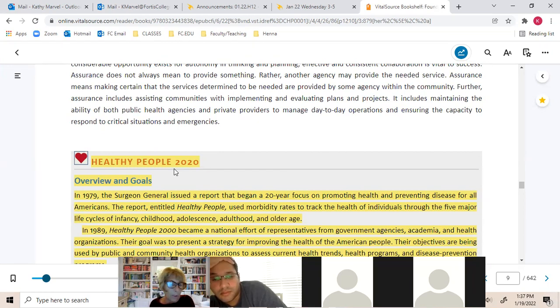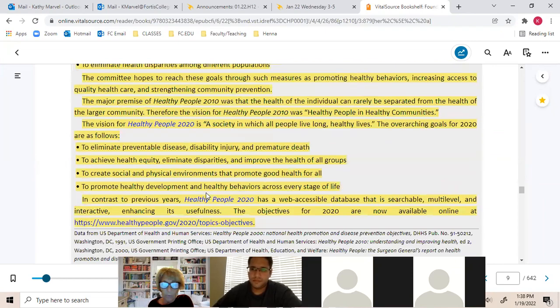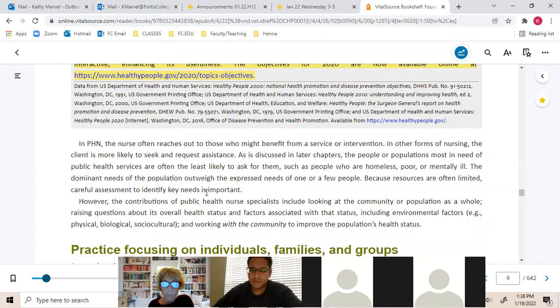In this chapter, it's just the overall overview of what Healthy People 2020 is. In another chapter, it's their goals and objectives with regards to disaster management. Another chapter, school nursing, vulnerable populations, environmental risks. These are all topics or chapters we're going to go through. So Healthy People 2020 has goals and objectives for each chapter. You need to be aware of those.